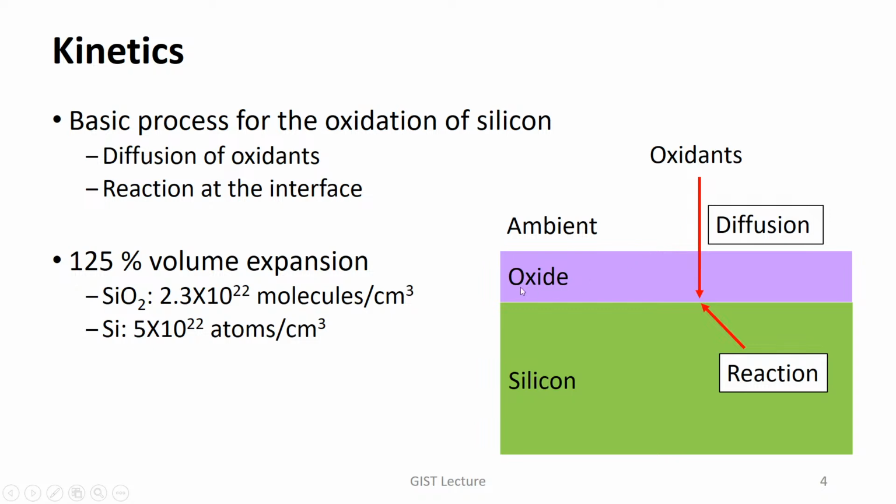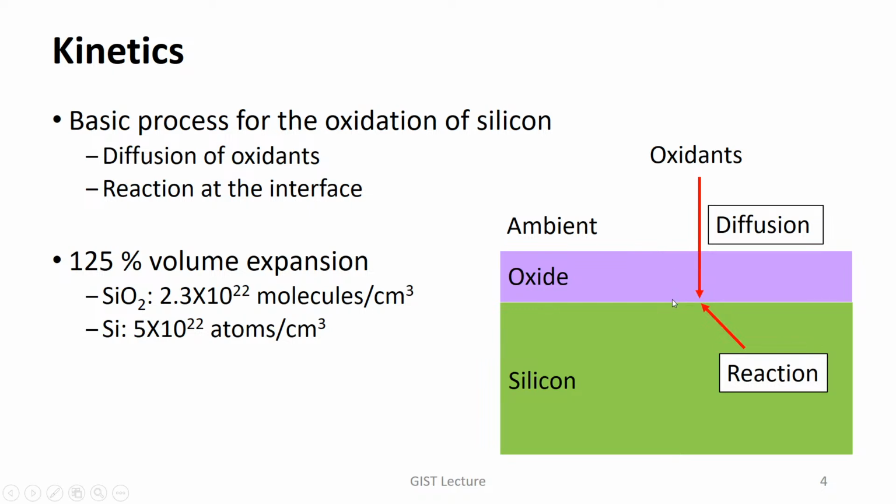And here we have the already formed oxide layer, and we have silicon. In order to make silicon dioxide, of course oxidants and silicon should meet. However, the silicon atoms are bound in the silicon crystal, so they cannot move. So the only way is for the oxidants to come to the silicon.